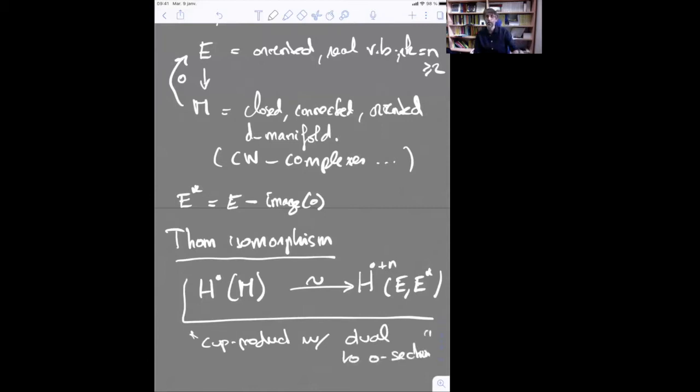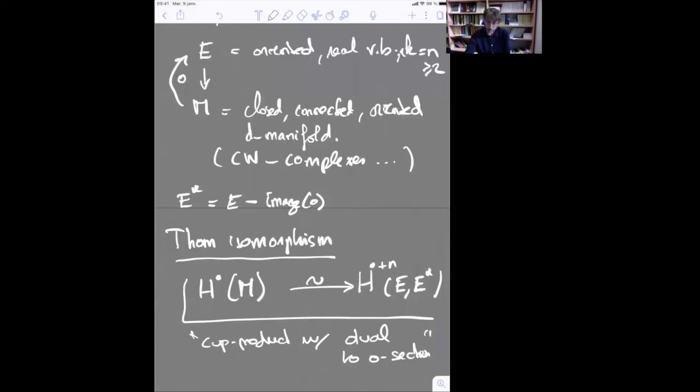So inside the fiber bundle, you have the 0 section, and you can consider the dual class to the 0 section. You can take such a representative to be compactly supported, so it vanishes outside some neighborhood of the 0 section, and that's exactly what it means to be a cohomology class relative to E star. It means that you are 0 outside some compact neighborhood of the 0 section.